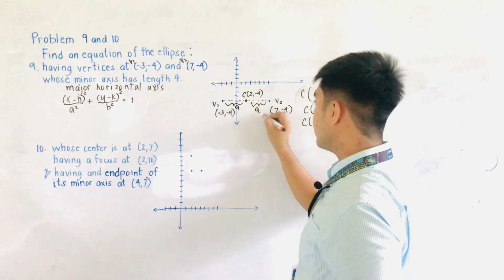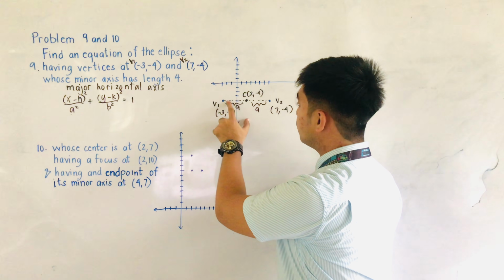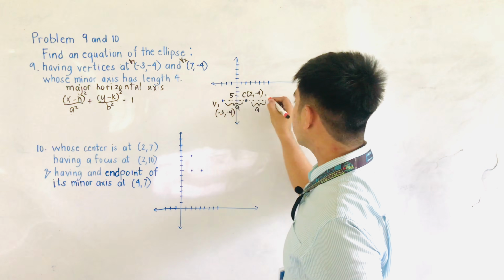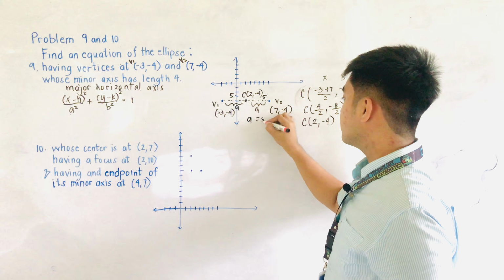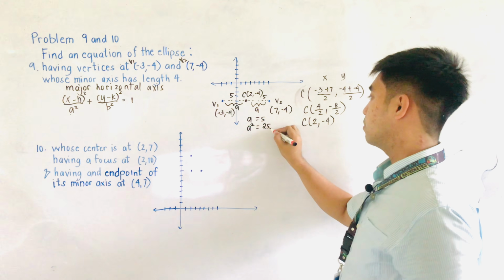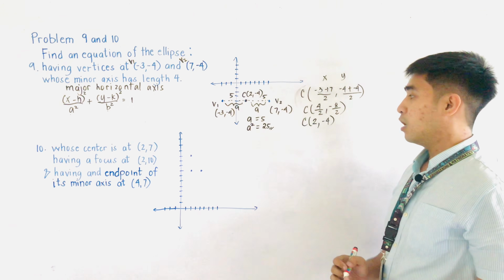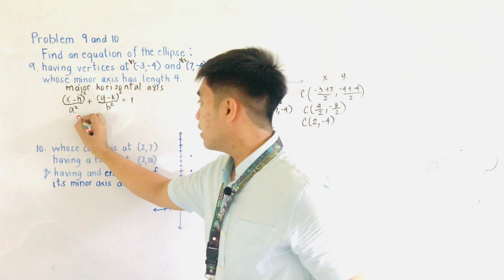This is also a. Therefore, that is 1, 2, 3, 4, 5. Therefore, a is 5 units. So we could now say that a is equal to 5. a squared now is equal to 25. So we now have the value of a, and we also have the value for a squared.